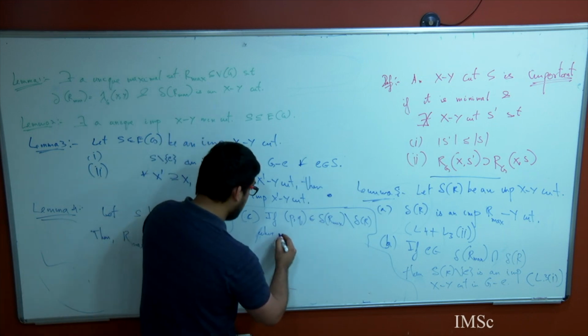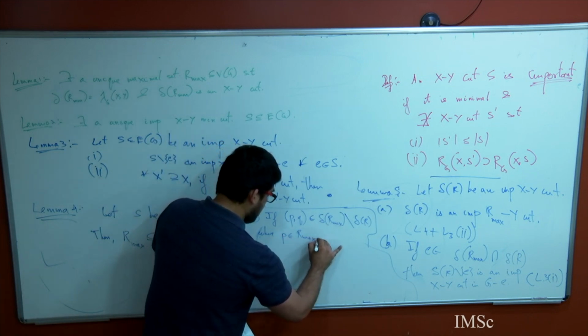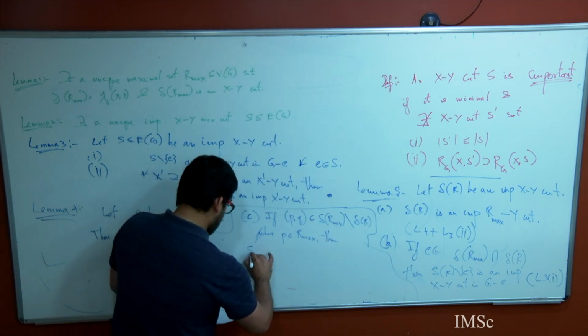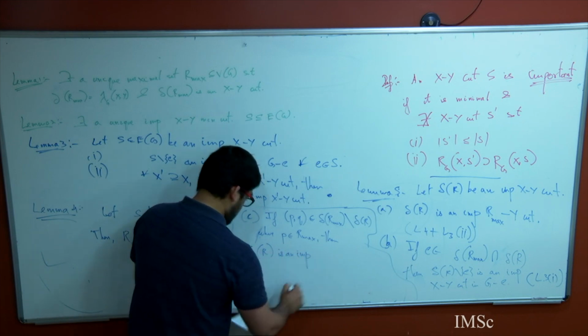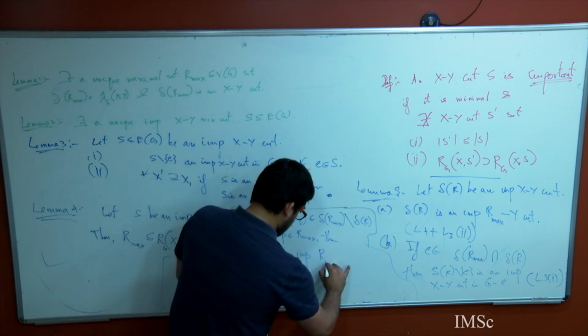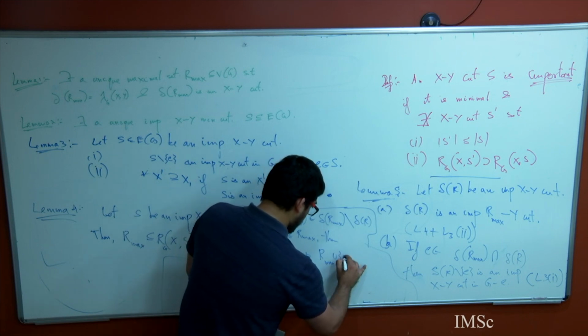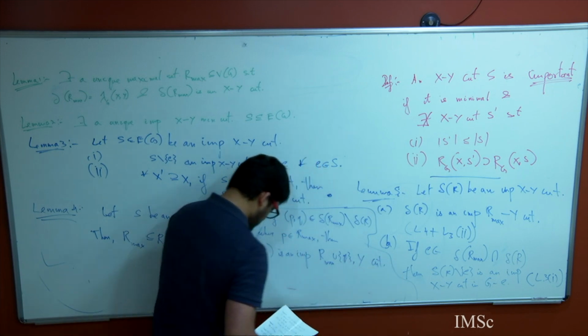Right? That is why it goes outside. So let's say P is in R max. Then delta R is an important R max union Q, comma Y cut.